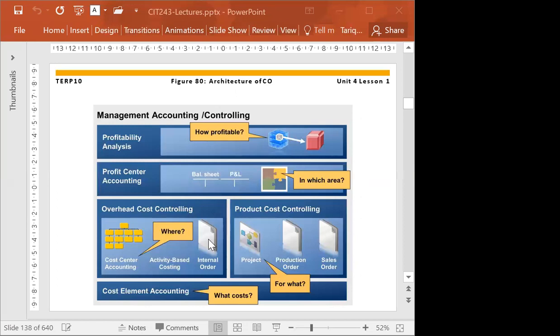So actually you can say that everything is financial accounting. The only thing is that in that particular transaction the cost center number is added, or the internal order number is added, or the production order number is added. That's it.